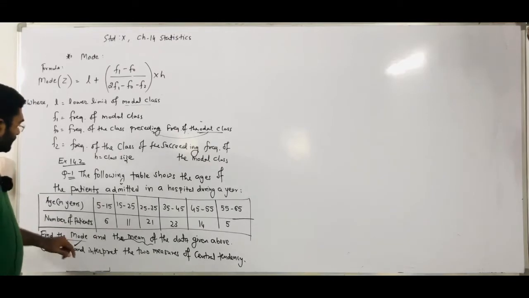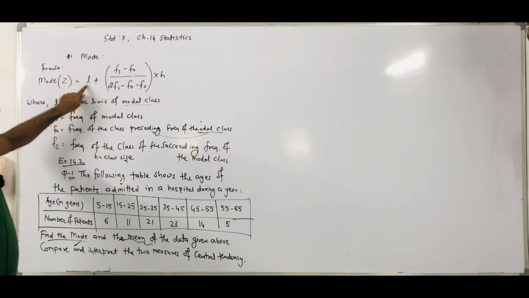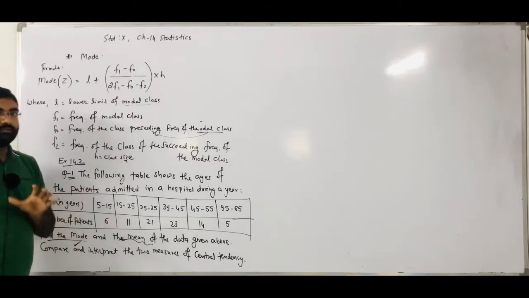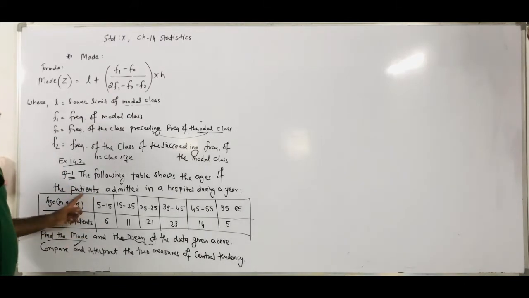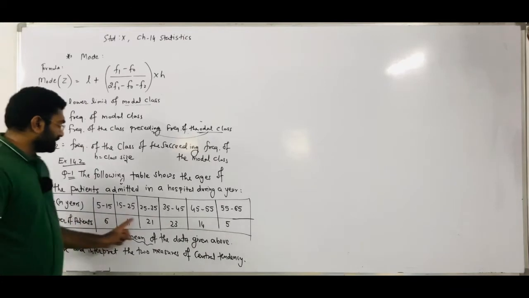For the mode, as I told you, we use this formula, in which we first require the L value, which depends on the lower limit of the model class. So first we have to define the model class. From the given data, we observe which frequency is highest, or maximum.